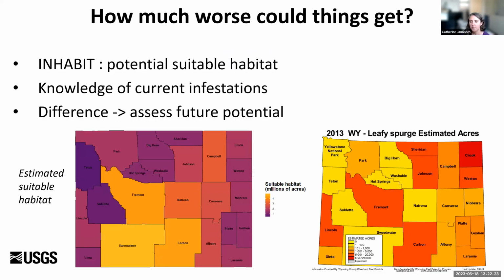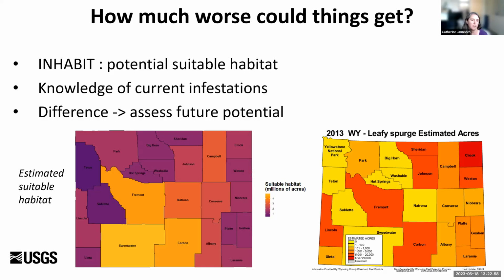So the third kind of case study that managers have mentioned to us is using the information within INHABIT to help inform how much worse things could get. This particular example is from Wyoming, because a person with the Wyoming Extension Office used INHABIT potential suitable habitat information for, I think it was 13 species.